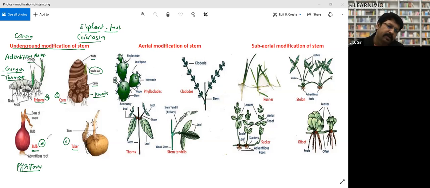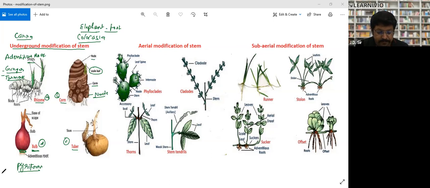It has a disc-shaped stem and several fleshy scales. Actually, the onion part that we eat consists of fleshy scales.